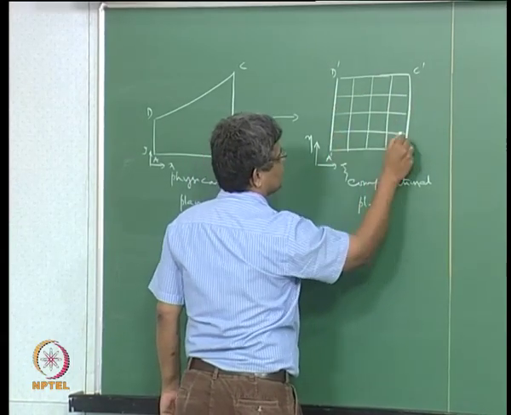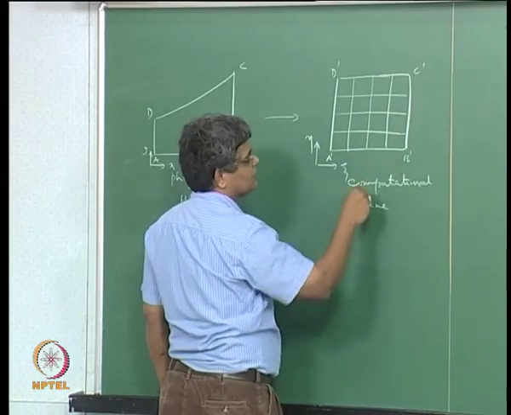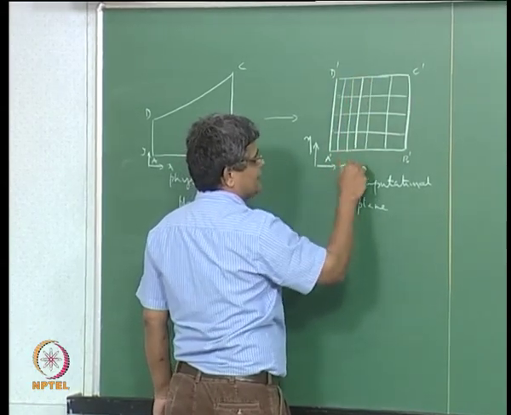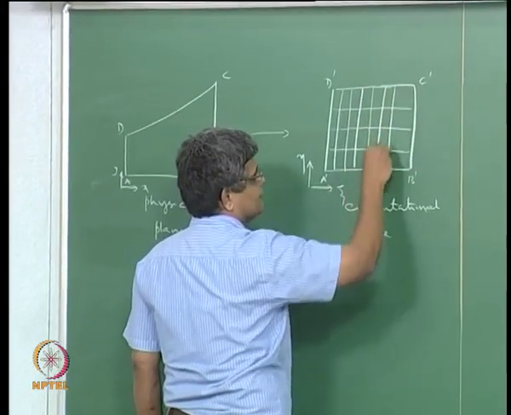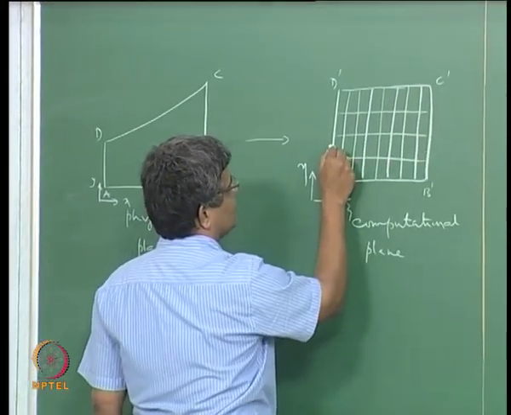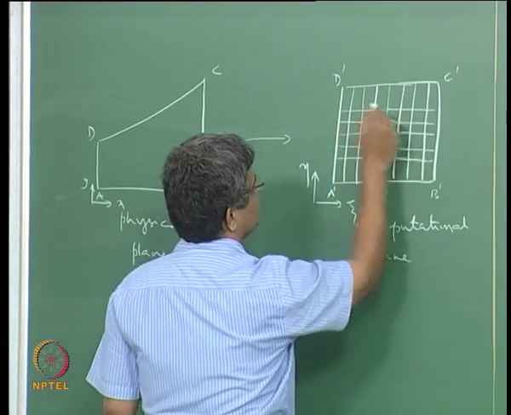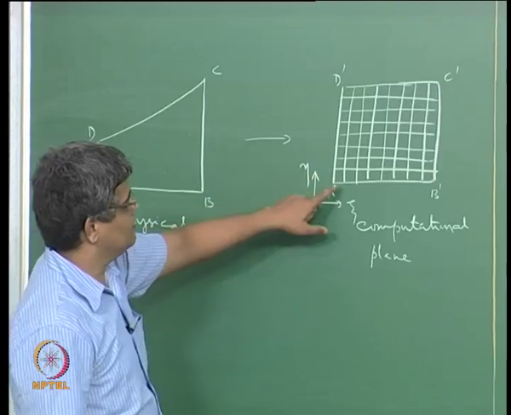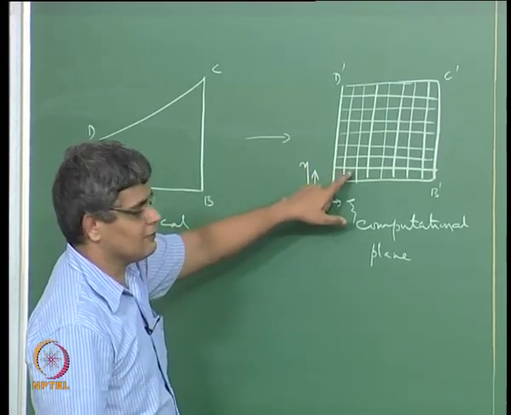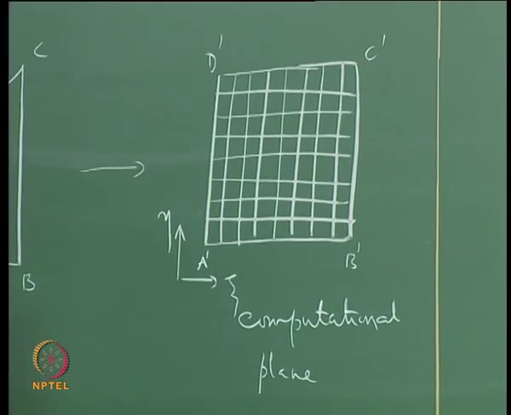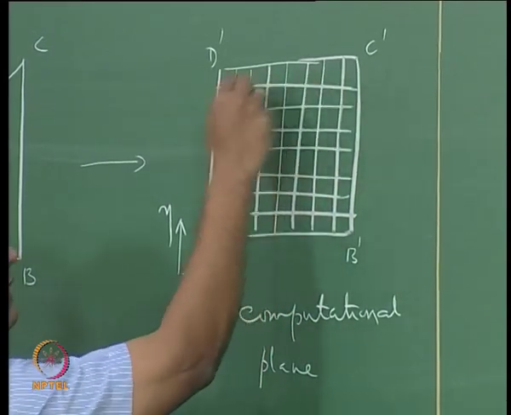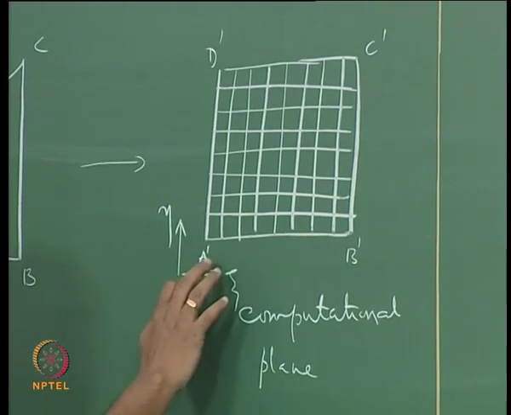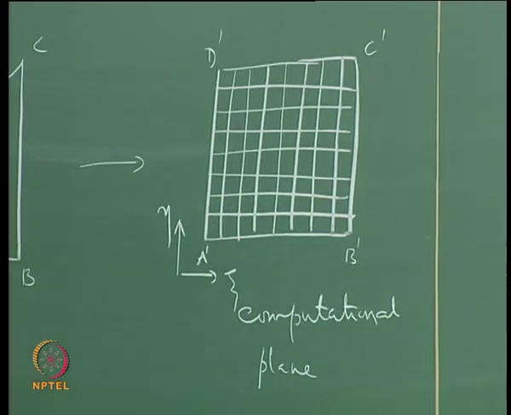For example, we can choose to break up this domain into so many number of psi equal to constant lines like this, and we can have so many number of eta equal to constant lines here, and we say that the intersection of psi equal to constant and eta equal to constant constitutes the grid point. So we can generate a grid very easily in the computational plane, because in the computational plane we have a simple flow domain.